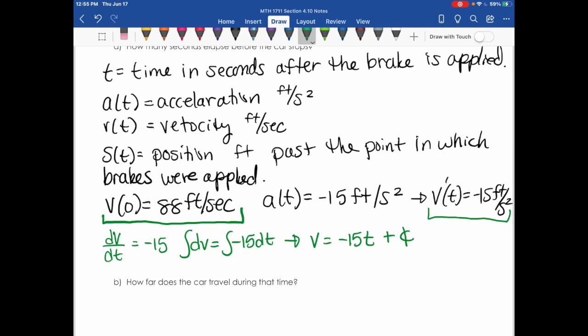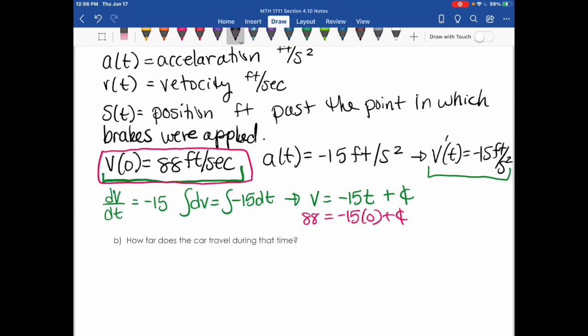Since I know that when t is 0, the velocity is 88 feet per second, that was given here. I'm going to highlight it again in another color because we really need to recognize that. If I plug in t is 0, I should get out 88 feet per second. My constant is 88.